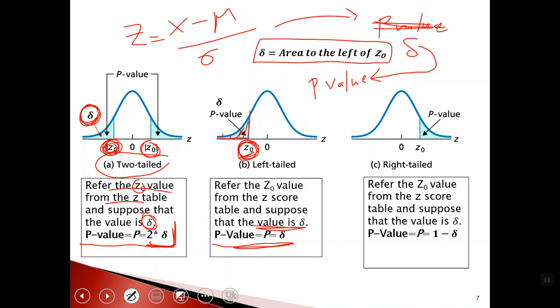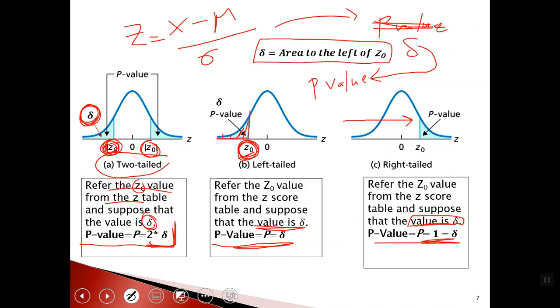When I consider the right tail case, it is the same process: you have to find this delta, but now your p value equals 1 minus delta, because this delta means the value measured from left to right.